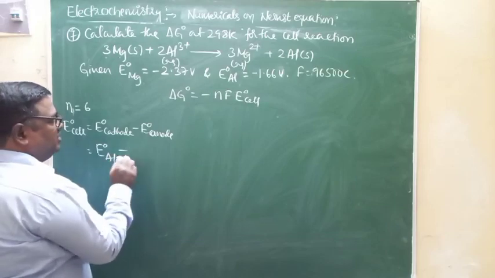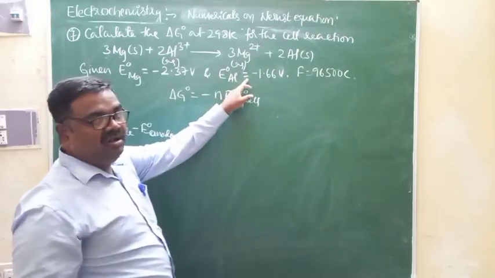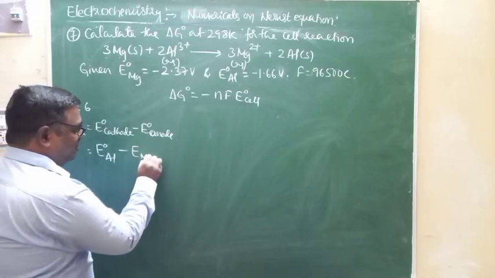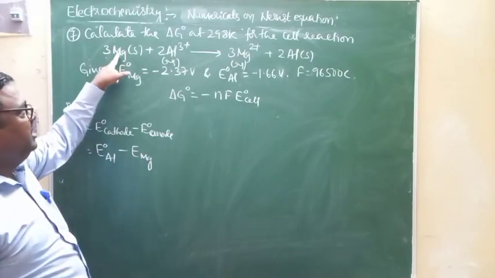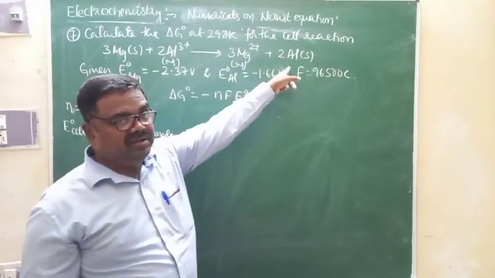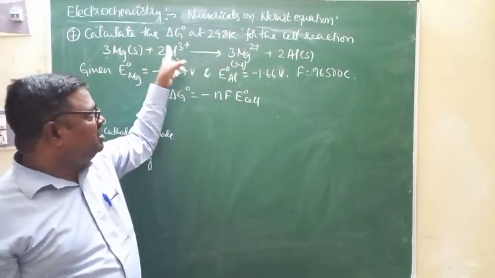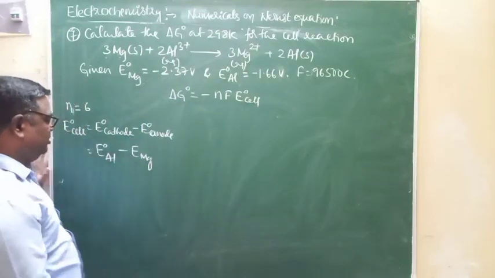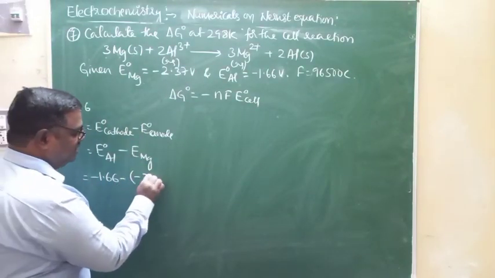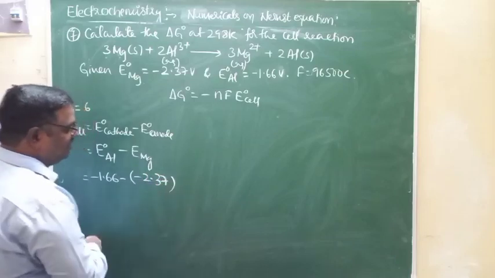The one with the higher SRP is the cathode, and the one with the lower SRP is the anode. You can use that too. Here magnesium is the anode because magnesium is oxidized, and Al3+ ions will be reduced. Oxidation takes place at the anode, reduction takes place at the cathode. Use that: minus 1.66 minus of minus 2.37.